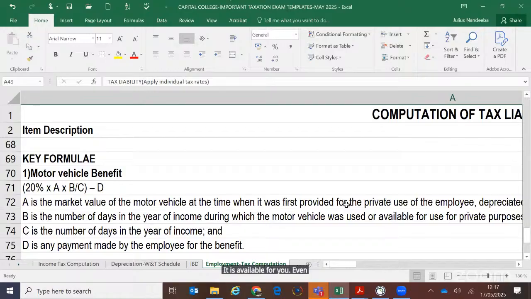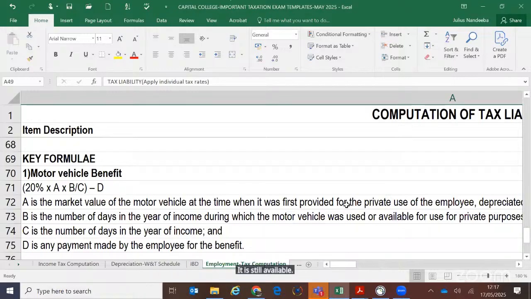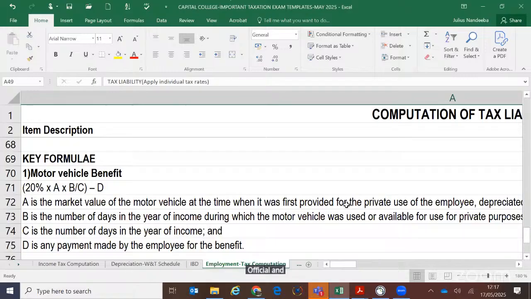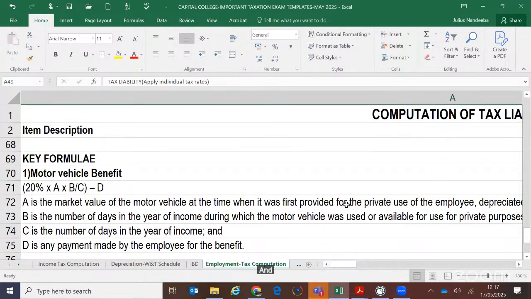Even if you brought it from home and parked it in the company's parking, it is still available for you. So if they have given you a motor vehicle and you're using it for both official and private purposes, we assume that it is available for you the whole day. And therefore, we'll be looking at 365 days of using it or being available for use.